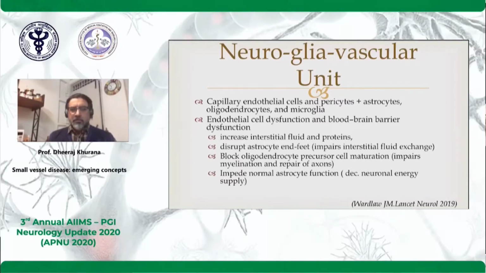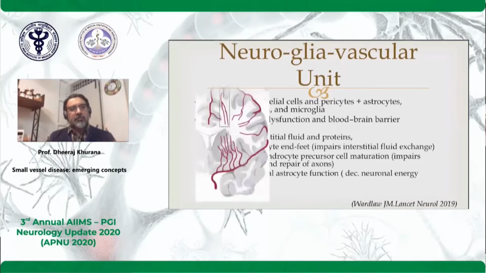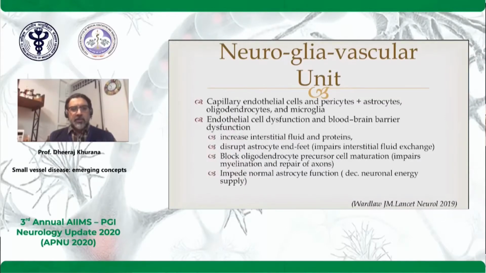So what happens, we know, is that endothelial cell dysfunction occurs and the blood-brain barrier gets disrupted. Once the blood-brain barrier is disrupted, you would have more interstitial fluid. You will have disruption of the astrocyte end feet, as well as oligodendrocyte dysfunction. So myelin is impaired and normal astrocyte function is impaired, which impairs neuronal energy.